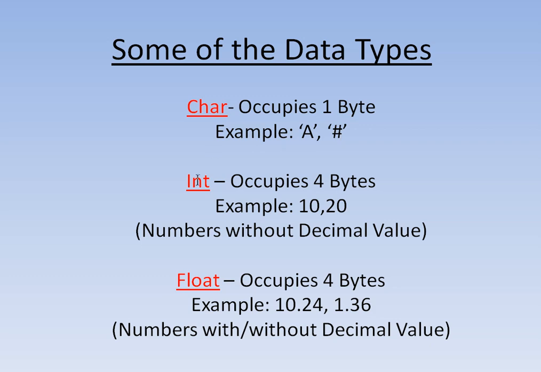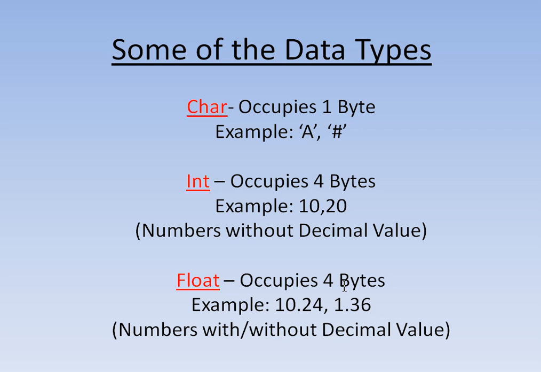We are looking at all these examples with respect to C language. It occupies 4 bytes. So let us take 10, 20, 100. A number without a decimal value, we can take it as an int data type. And a number with a decimal value, we call it a float data type, like 10.24, 1.36, something like that.